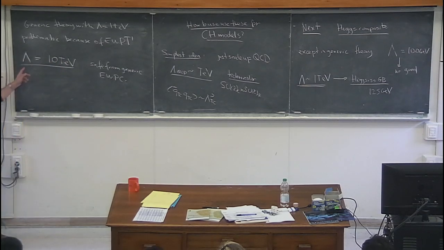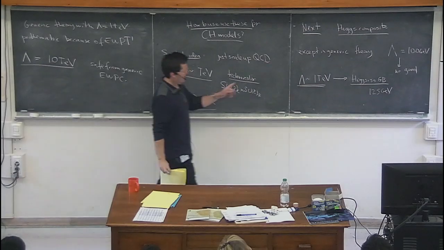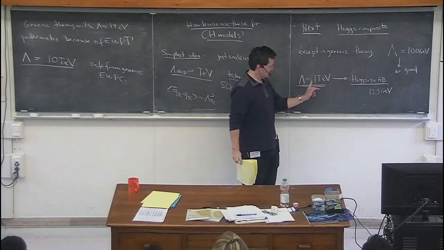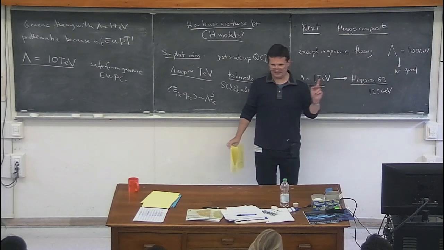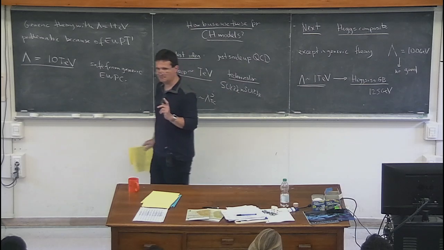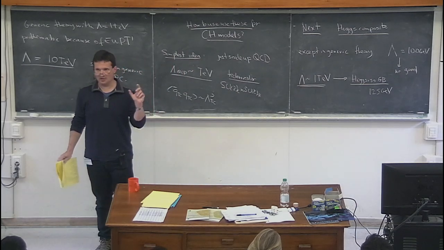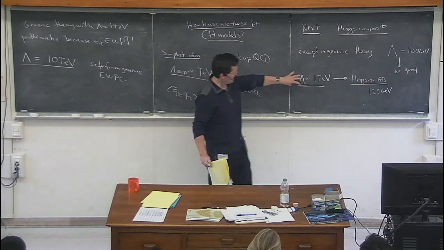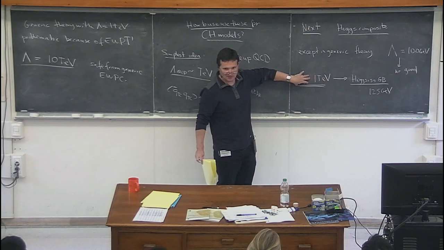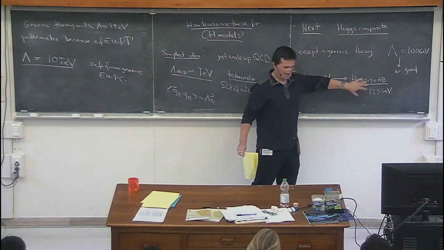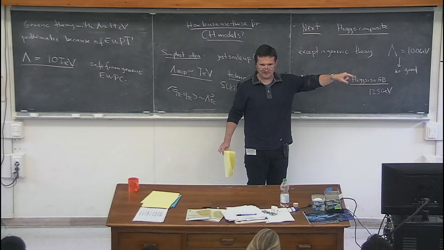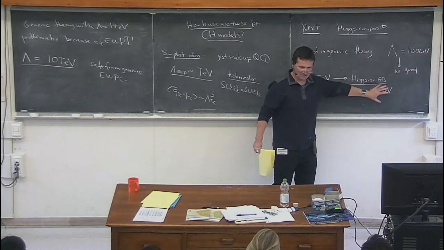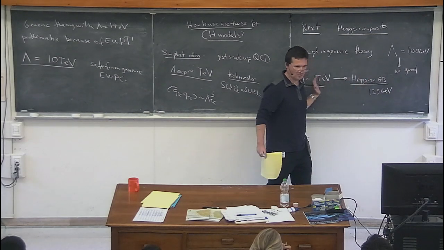However, now there is another problem, because making the cutoff scale 1 TeV and keeping the Higgs at 125 GeV is kind of a natural ratio. If I calculate a quadratically divergent loop correction with 1 TeV and put in a loop factor 1 over 16 pi squared, that's of the order of 100 GeV. So this ratio is roughly okay.